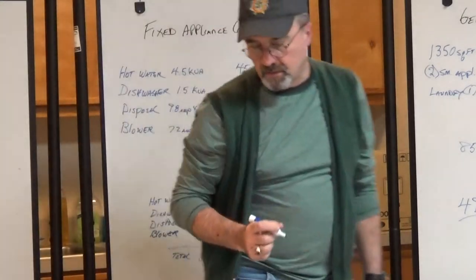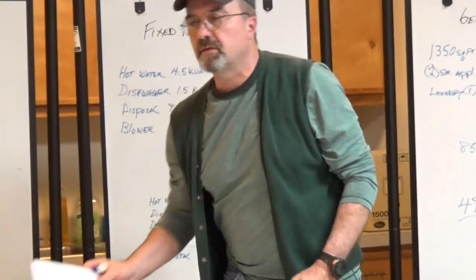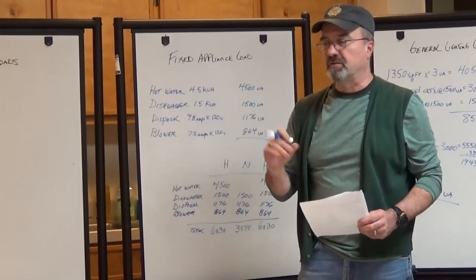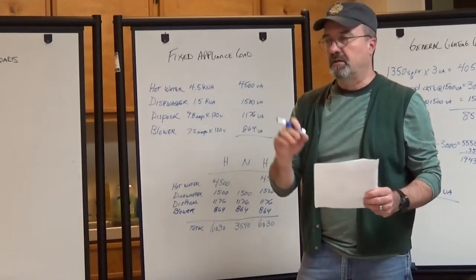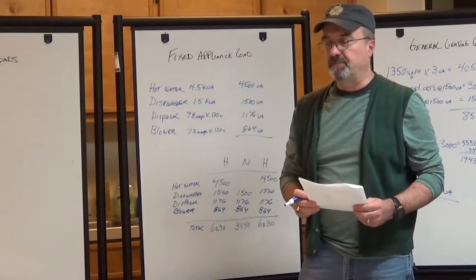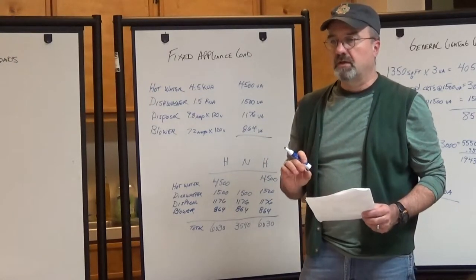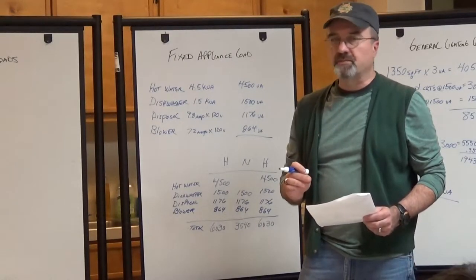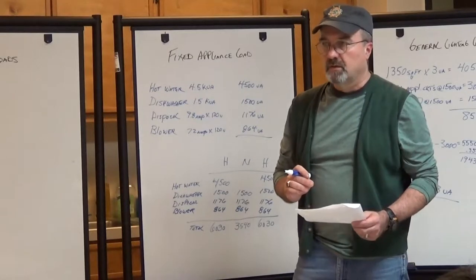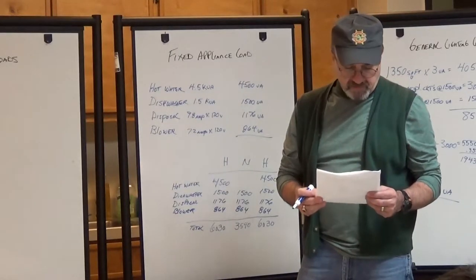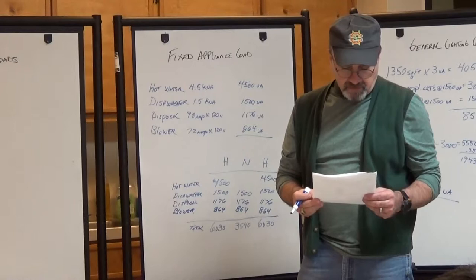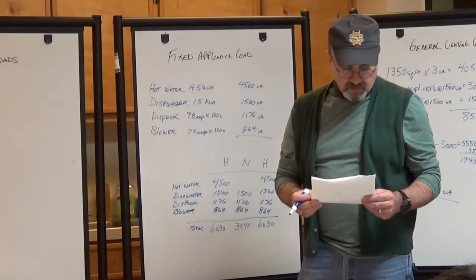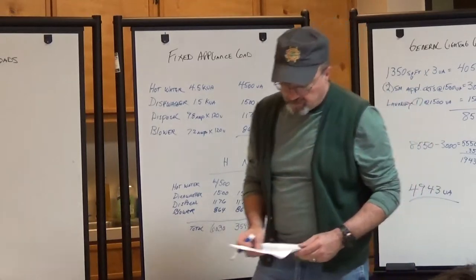But the code allows us to, okay, I think I misspoke a second ago about the demand factor on the neutral, which the code does allow us a demand factor on, but the code also allows us a demand factor when we have 4 or more fixed appliances fastened in place. We can take that at 75%. So let's look at Article 220.53.